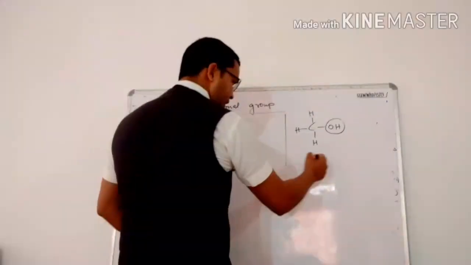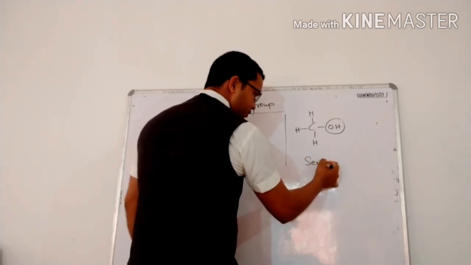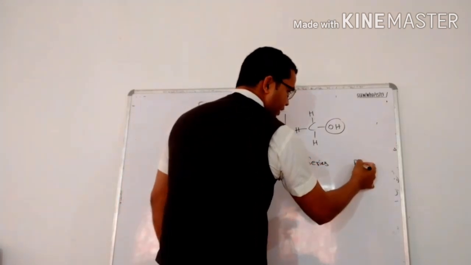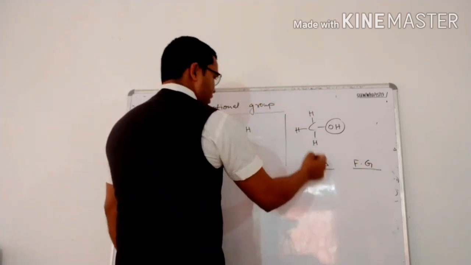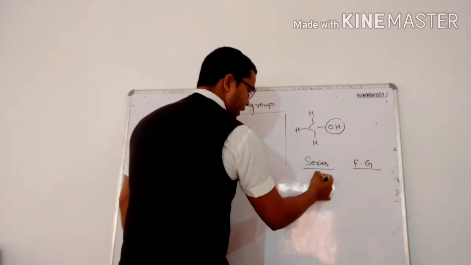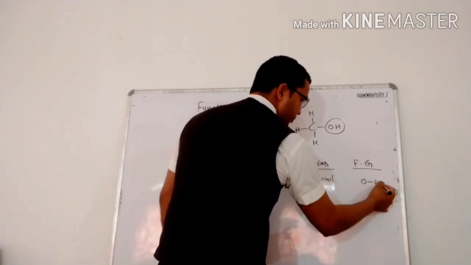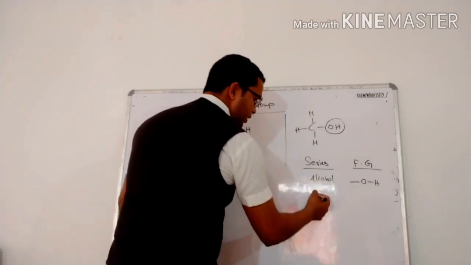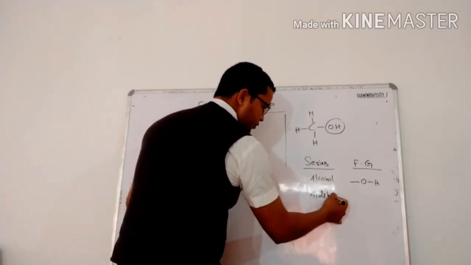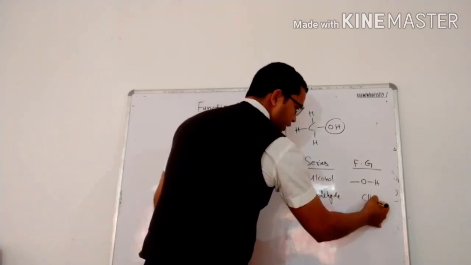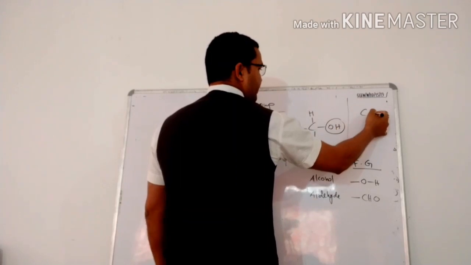Similarly, I am writing here the functional group series. Here I am writing FG, short for functional group. Alcohol: the functional group of alcohol is OH. Aldehyde: CHO. The structure is given here.